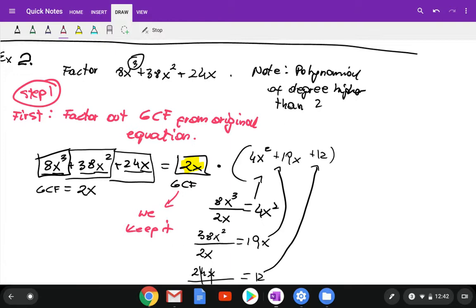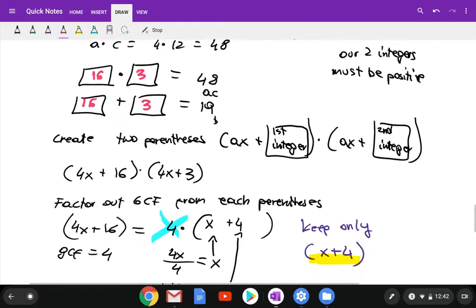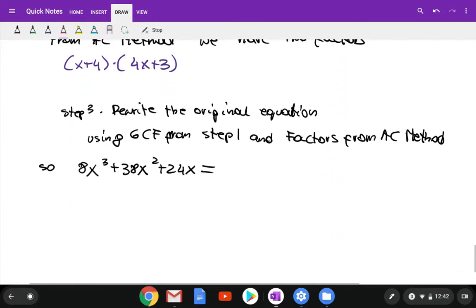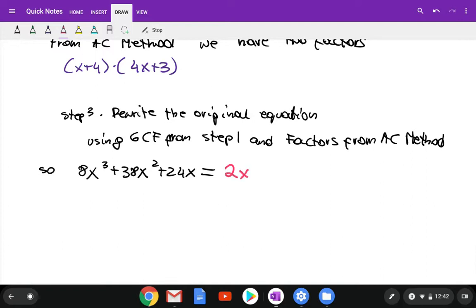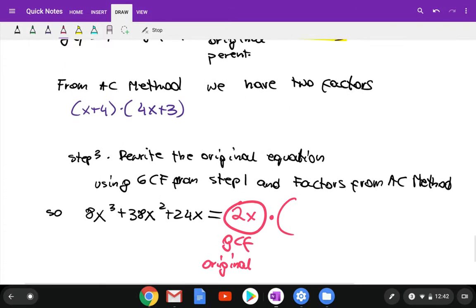You always keep your original GCF, so we're going to rewrite that as 2x. Okay, that's that original GCF times the factors from AC method, which will be x plus 4 times 4x plus 3.